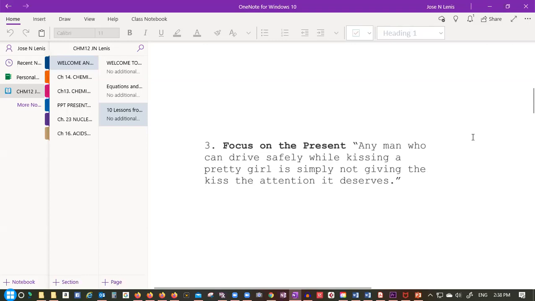I cannot confirm that. Any man who can drive safely while kissing a pretty girl is simply not giving the kiss the attention it deserves. I'll leave you there for your thinking about focus and present from Einstein's point of view.